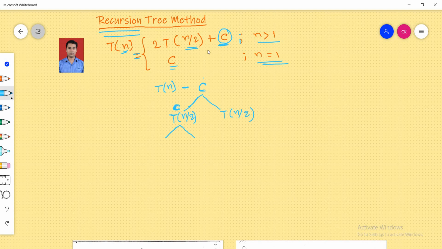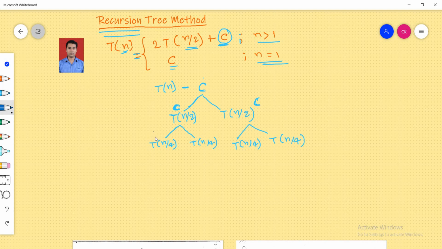Since c is a constant everywhere, if we do c amount of work, then we can break this problem into two halves, each of size n by 4 and n by 4. Similarly, at this node, we break this problem into two halves, each of size T of n by 4 and T of n by 4.